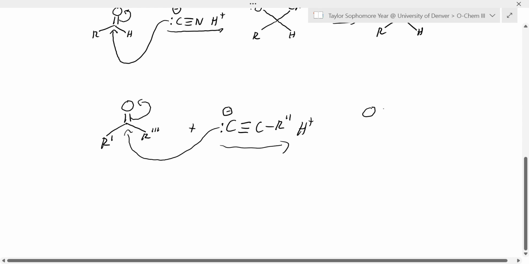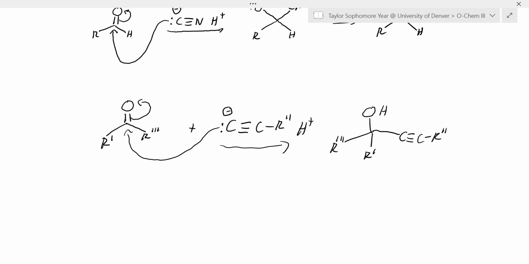When you do the reaction, we can get a final product of R3, R2, and of course R1, and then this R2. So it's important to know the position of your carbons for aldehydes and ketones.